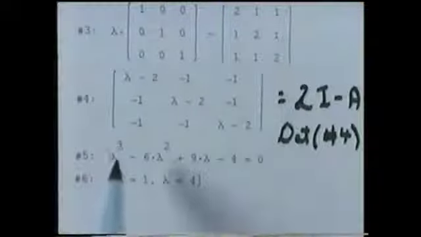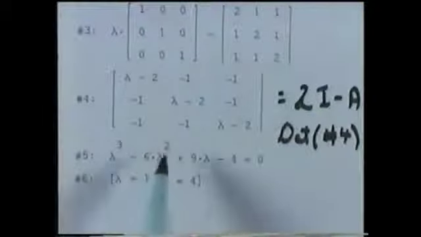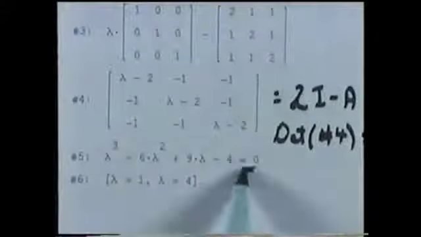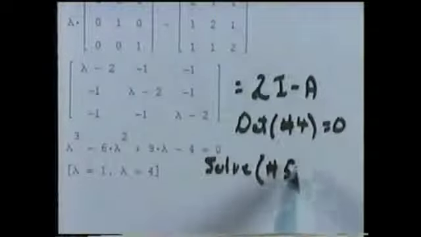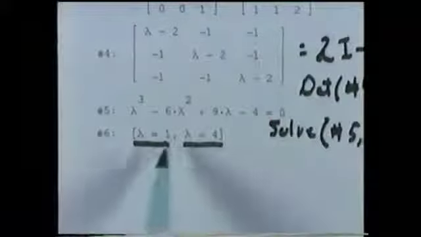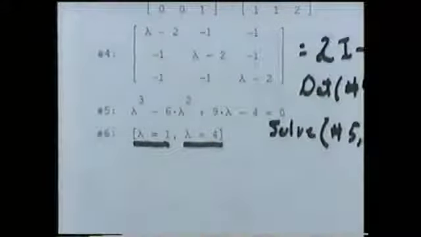So Derive gave me lambda cubed minus 6 lambda squared plus 9 lambda minus 4 is equal to 0. Then I told Derive to solve number 5 with variable lambda, and I got the two values of lambda. Lambda is 1 and lambda is 4. Now since A was a 3 by 3 matrix, and with only two eigenvalues, I know that one of them is repeated.